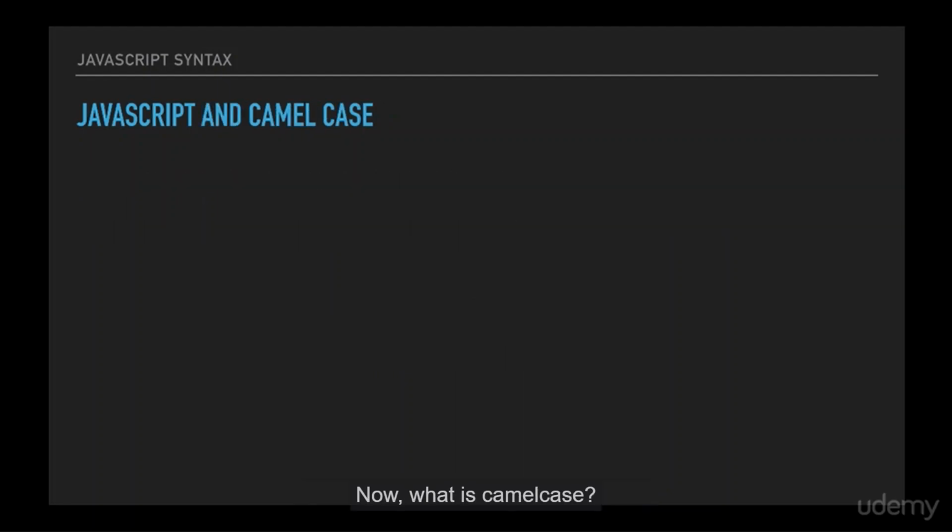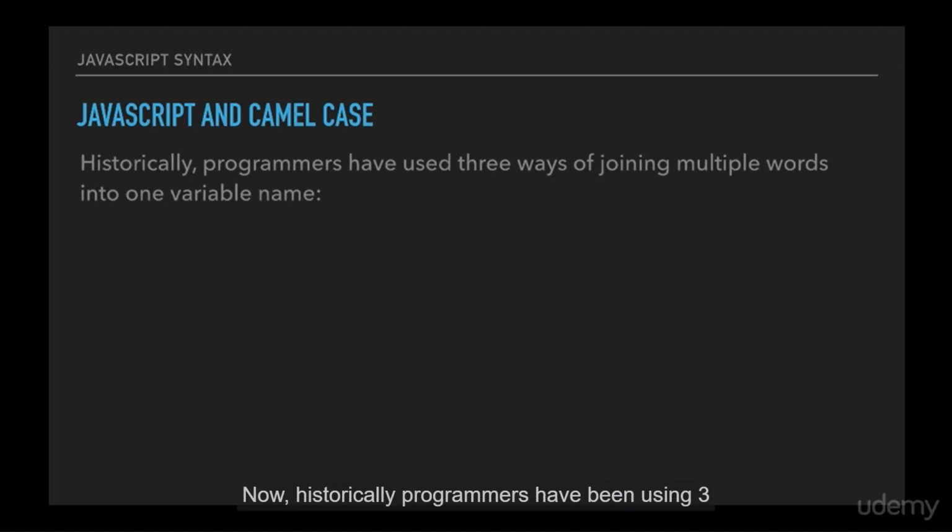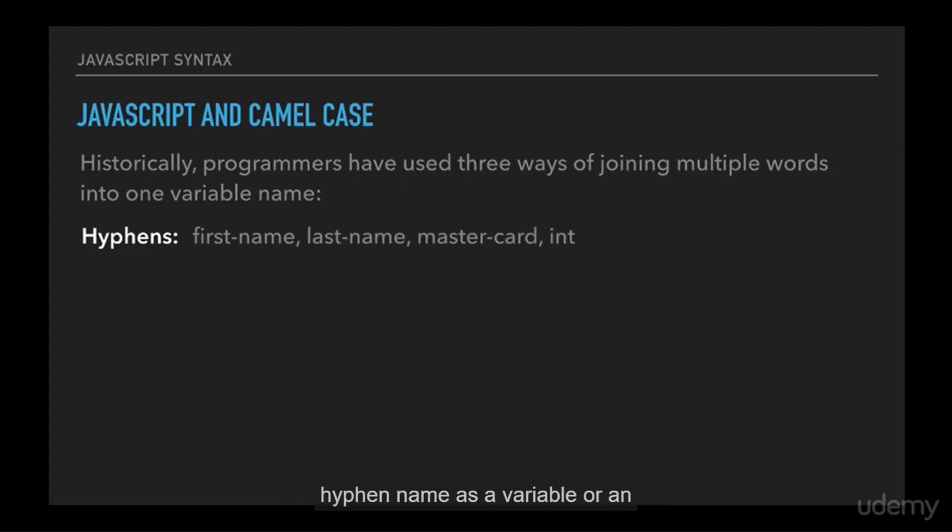Now, what is camel case? Historically, programmers have been using three different ways of joining multiple words when they form an identifier. The first one is hyphens. So let's say, for example, I have first name, so I'll have first-name as a variable or an identifier name, last-name.